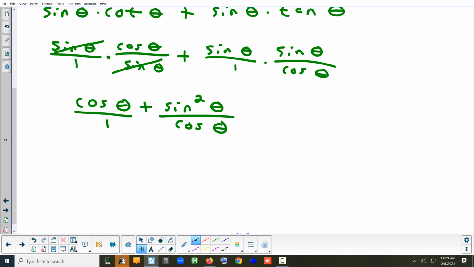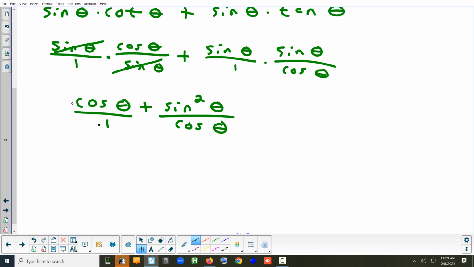It would be cosine. So we'd have cosine squared up top, because we'd be multiplying it by cosine, and then on bottom there'd be cosine. The way you find a common denominator is to multiply the two denominators together that you have. 1 times cosine is cosine.